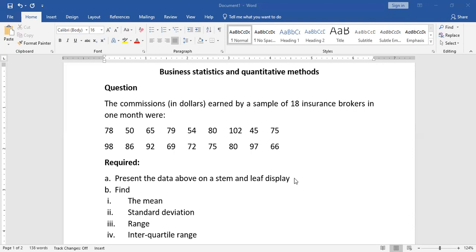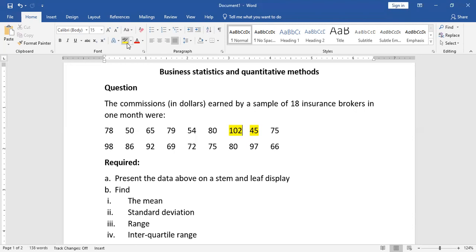So far I've seen 45 being the smallest here, and the highest number which I've seen is 102.